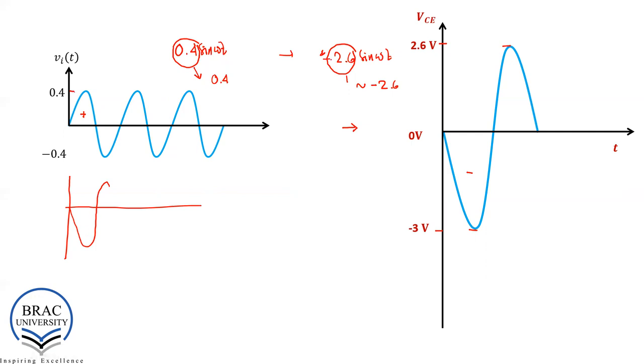So therefore, we introduce this minus sign, and we found our gain A_V, which is output divided by input, which is minus 2.6 divided by 0.4, the sine omega t terms cancel each other out.